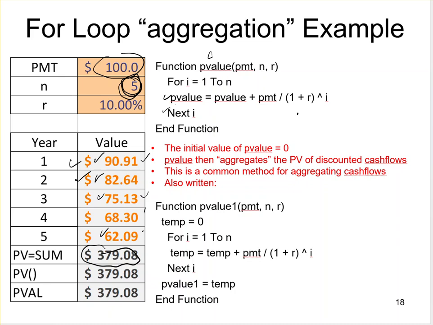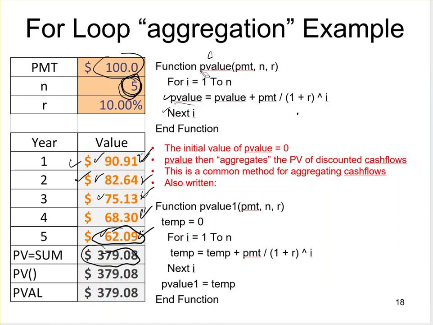Now here's an interesting thing to think about. What would happen if I took this out? If I took that out, every time it ran the line of code, the p-value would just be equal to 90 the first time, then 82, then 75, then 68, then 62. And then when I ended my program, it would give me a value of 62, which is just the last value that was calculated in the loop.